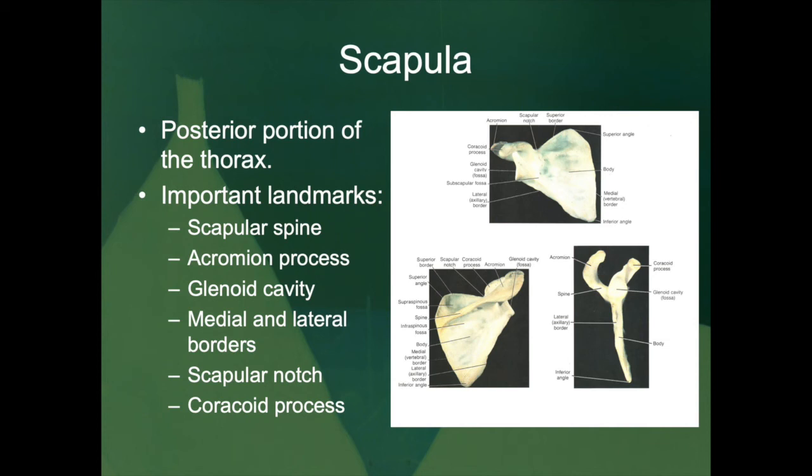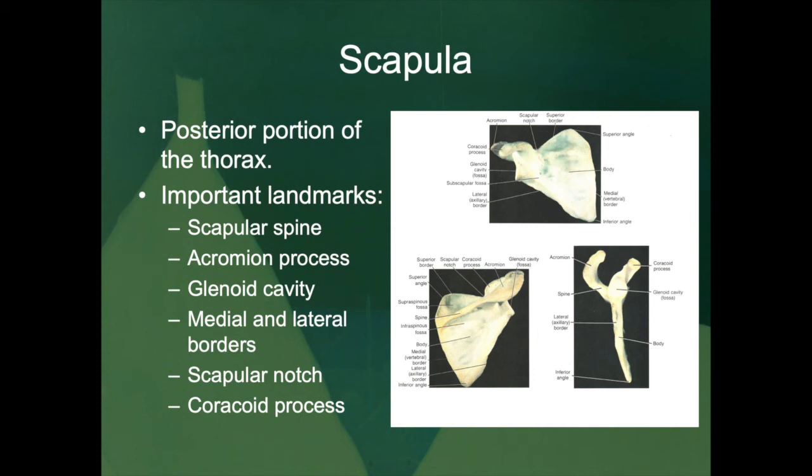I also mentioned another important landmark here, the scapular notch. The scapular notch is a prominent indentation along the superior border near the coracoid process. So if you locate where the coracoid process is, which I'll mention in just a moment, and look along that superior border of the bone, then you can see where that indentation occurs.